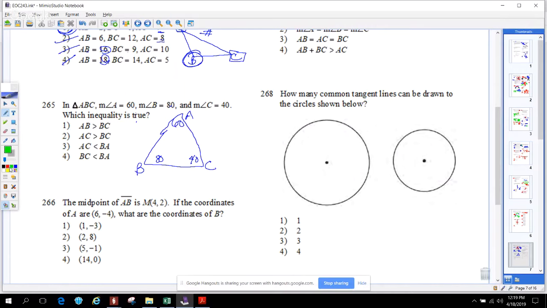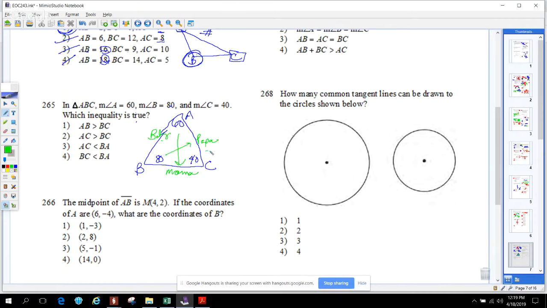Well, you can kind of just number it. 40 is our smallest, so this will be like our baby bear. Okay, 60 would make this the mama bear. So here's our baby bear. This would be our mama side because that's 60. And our papa side is 80.